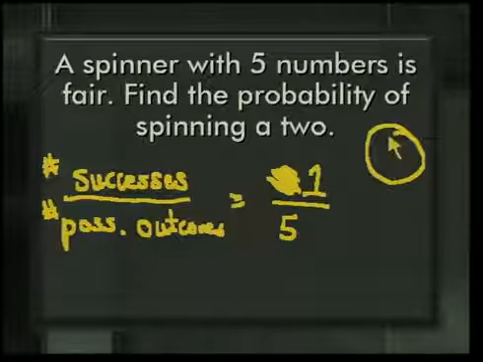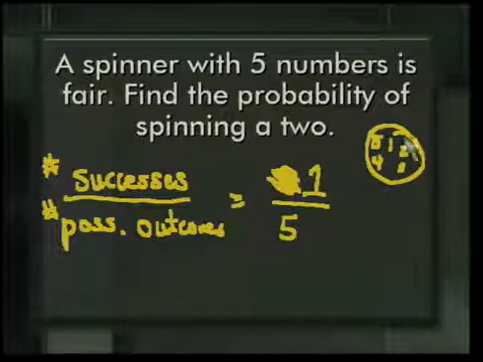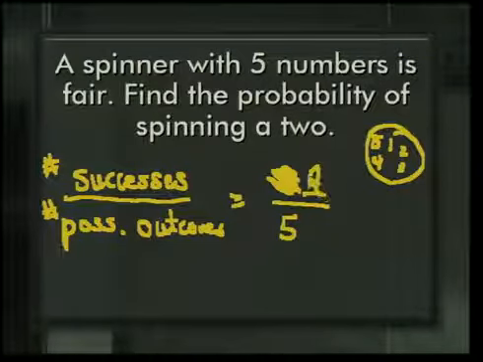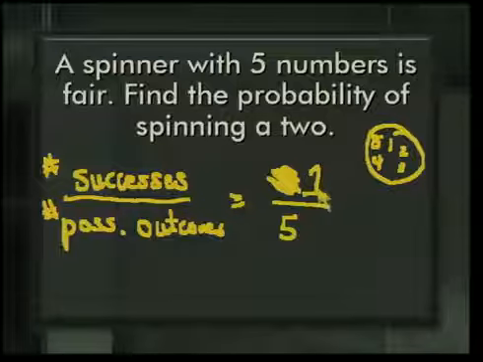The spinner had 1, 2, 3, 4, and 5. There's only 1 2, so there's 1 success. If I get a 2, that's my success. If I get a 1, 3, 4, or 5, it is not a success. So there are 5 possible outcomes, but only 1 success.